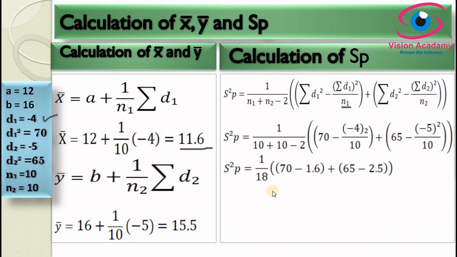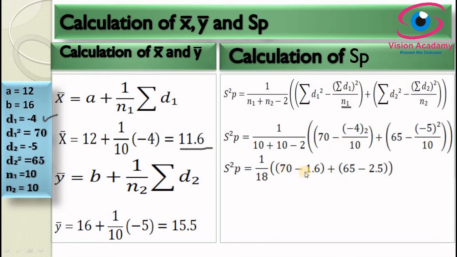So when I simplify this, 10 plus 10, 20, minus 2, so 1 by 18, and the bracket remains as it is. Here minus 4 into minus 4, 16, then 16 by 10, 1.6. Since in the numerator here it is a minus, but minus into minus is plus, so 16 by 10, we have 1.6.